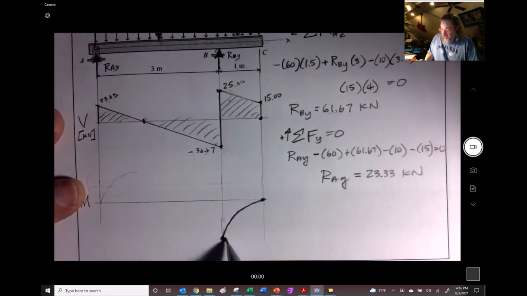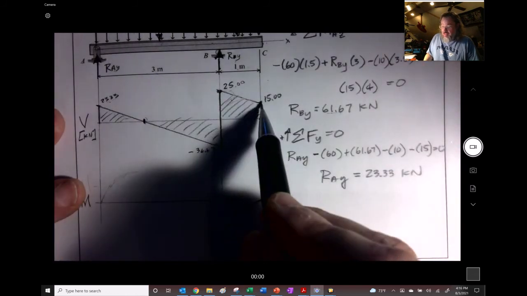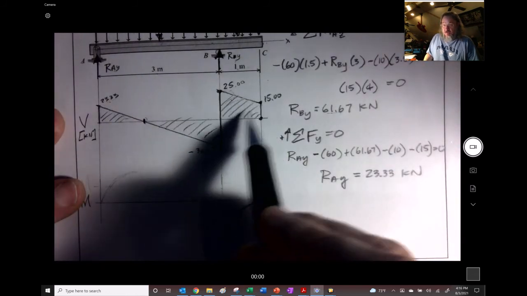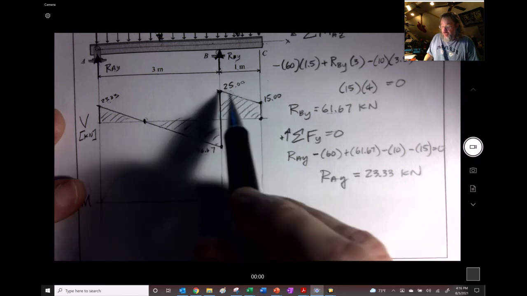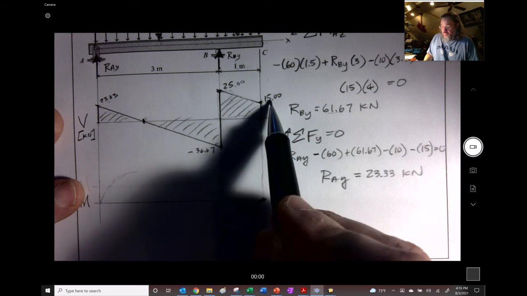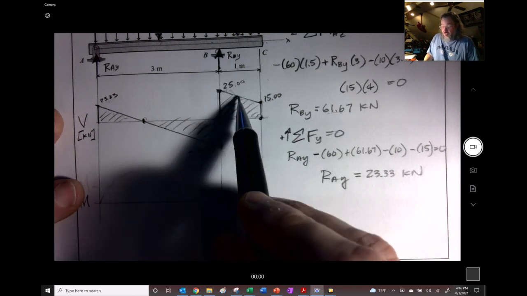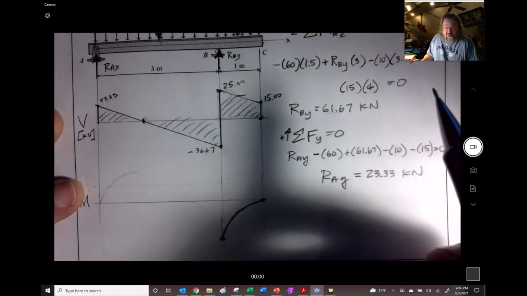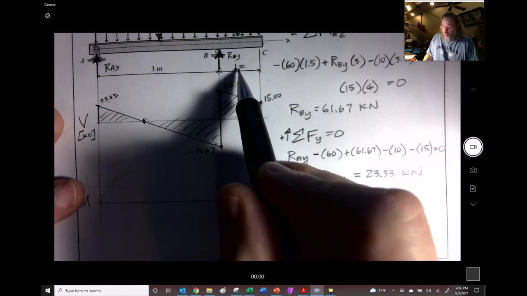And this value is going to be equal to the area that's inside that. And you notice that's a trapezoid, right? To find the area of a trapezoid, you take the average of the two legs right here, and then multiply it by this width. So it's 15 plus 25 divided by 2. That's 20, right? 20 times 1.